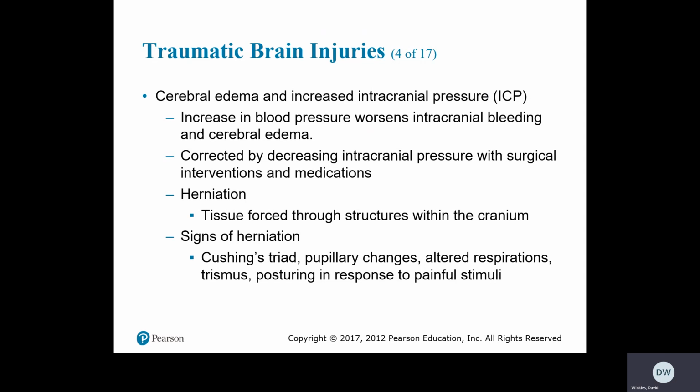Now, one of the things that we don't want to occur, but we need to be familiar with is this herniation. So as the swelling increases, as the intracranial pressure increases, that vault is fixed. It will not change. But there is one place that there is a hole in the vault, and that is where the spinal cord comes up through the foramen magnum into the cranial vault.